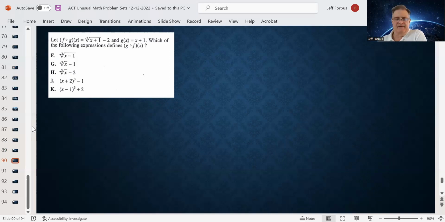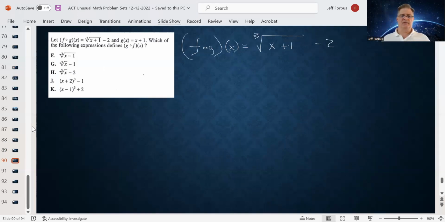So what we have here is f composed of g of x is equal to the cube root of x plus 1 minus 2. So there are two functions put together.